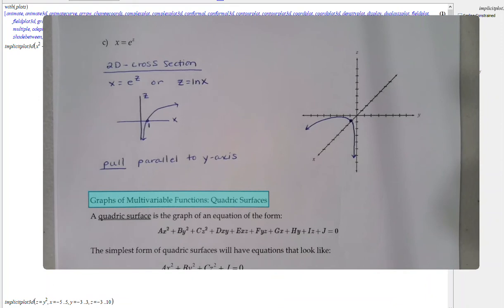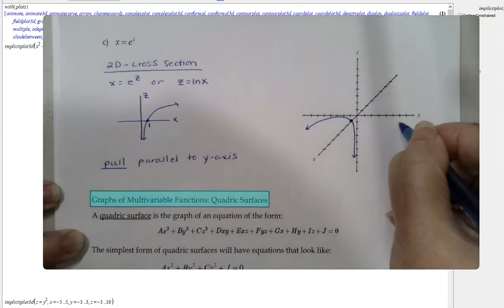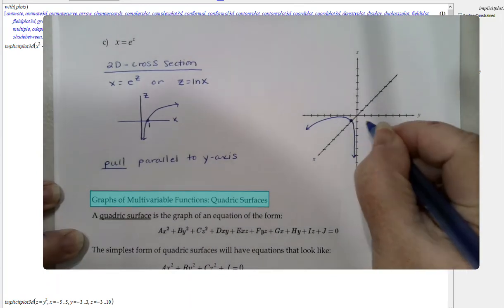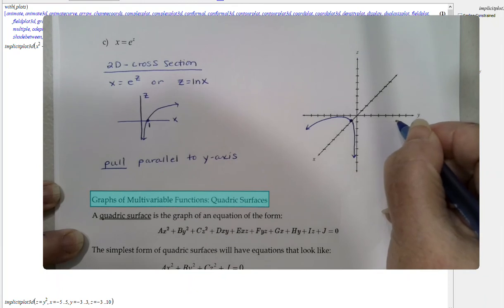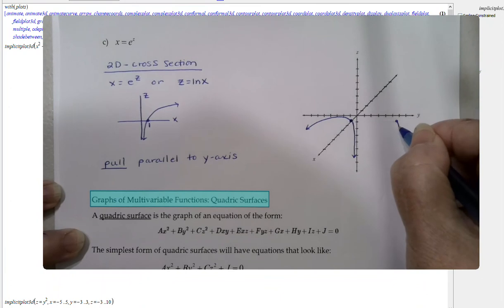All right, same deal. I need to now imagine pulling this parallel to the y-axis. And that means I need another copy of this over here, parallel to the y-axis. So I'm going to put this x equals 1 kind of here. And then I'm going to say this would have to come down like this.